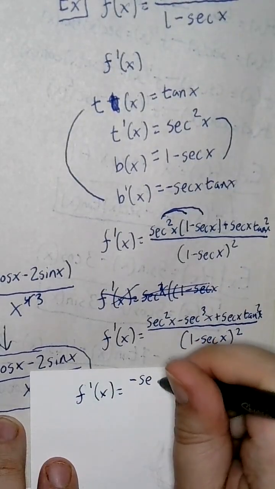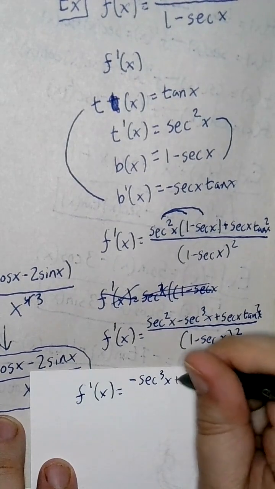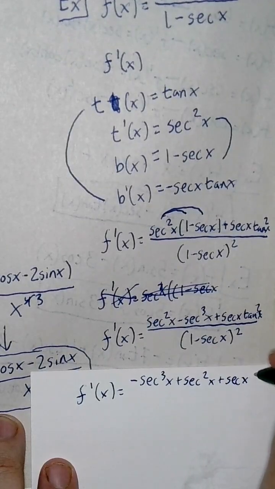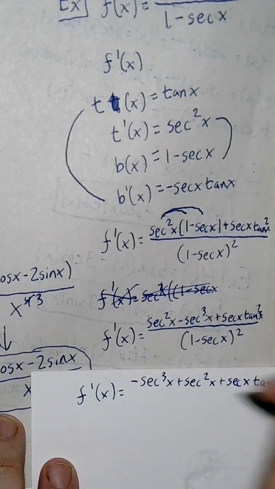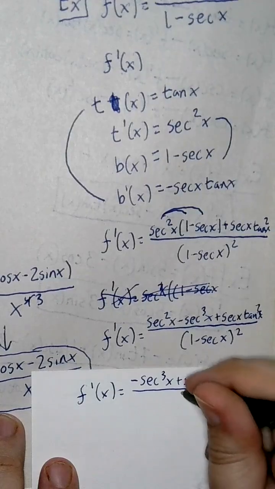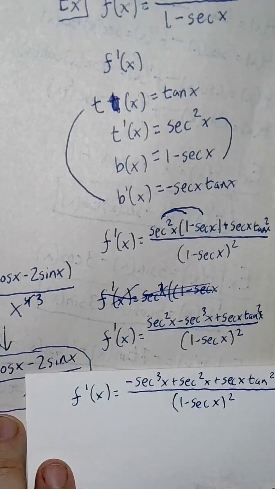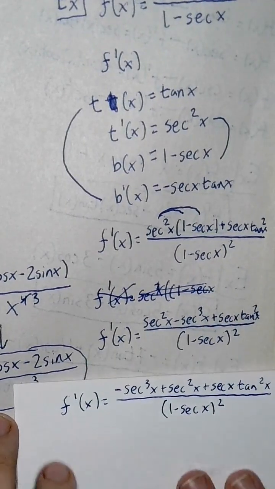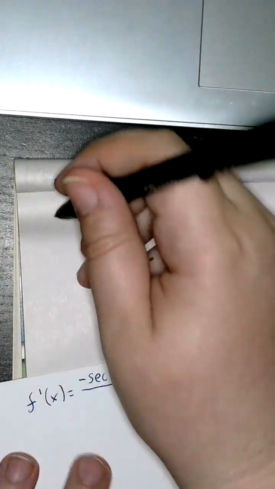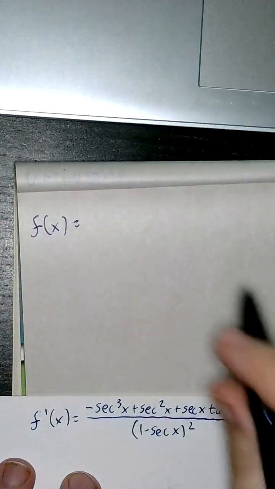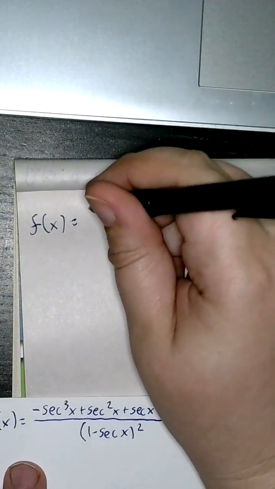So it's negative secant cubed x plus secant squared x plus secant x tan squared x all over 1 minus secant x all squared. I'm just doing this so that I have a little more space. That way you're not trying to decipher my small tiny handwriting.